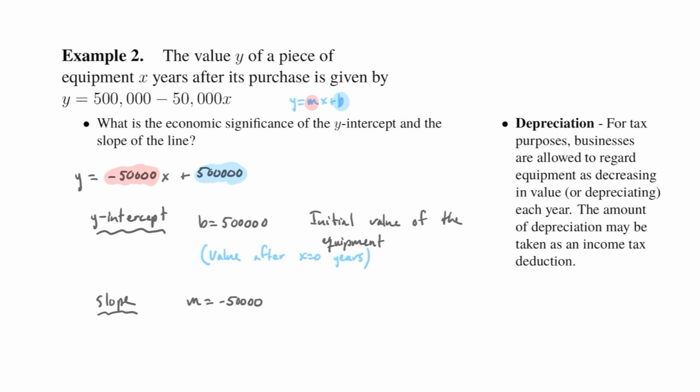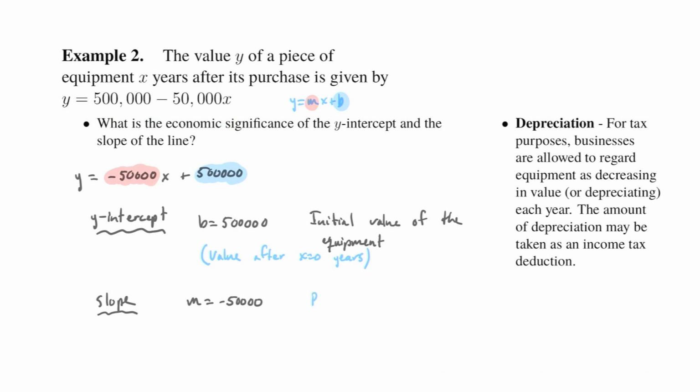So, for instance, if we were to plug x equals 1 into this equation, we would get 500,000 minus 50,000 times 1. So we get 450,000. So what that's telling us is after 1 year, the value of this equipment has decreased by 50,000.